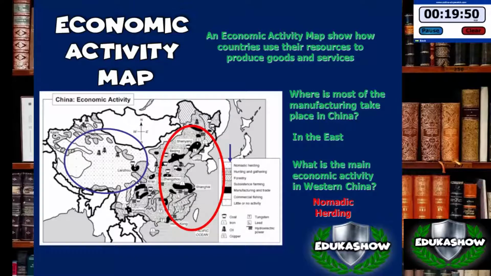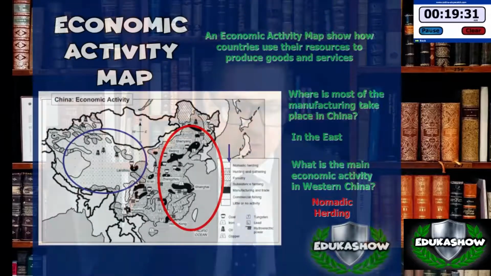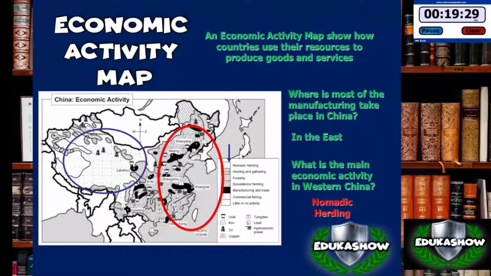If you look at the map, I'm going to ask you a question right now: where does most of the manufacturing take place in China? Of course, look at those circles. You've got a red oval, and you've got a blue circle or oval to the left, and the red one is to the right.